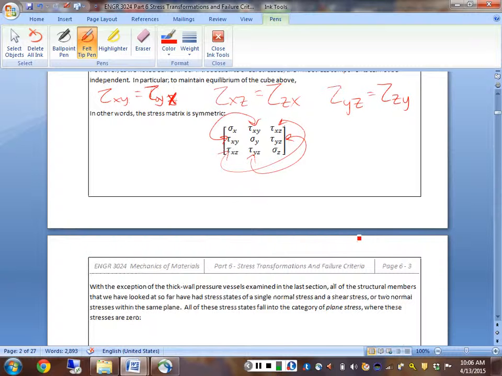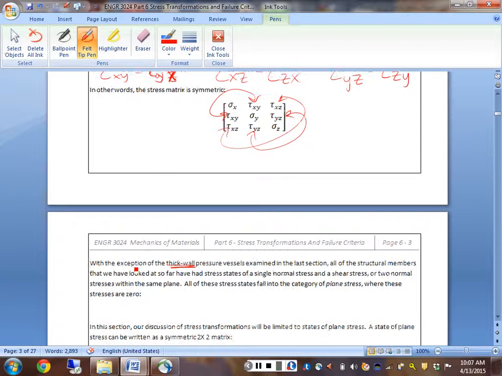Pretty much so far, if you think back to the couple of combined loading examples that we've ended up with, what have we had? We've had our little cube that has had a normal and a shear. We haven't had a full three-dimensional stress state, and in here we are only going to briefly touch on one case, and that one case is a thick-walled pressure vessel that we'll talk about shortly.